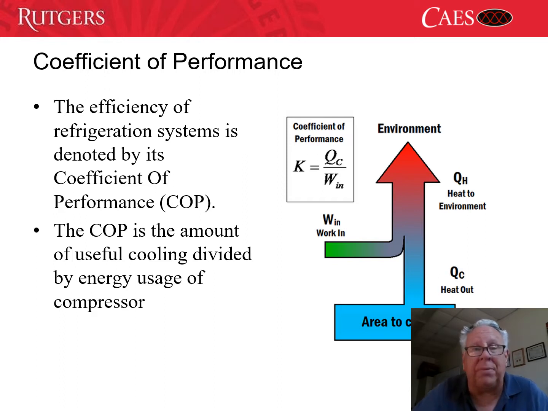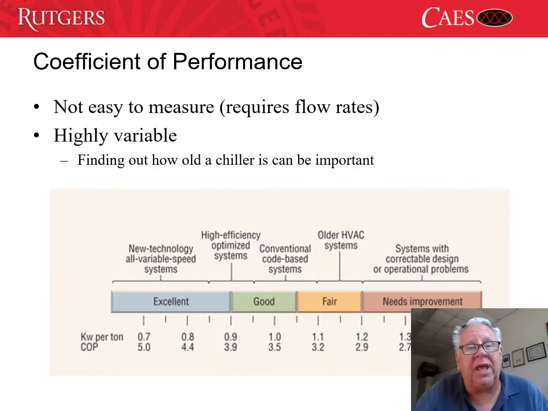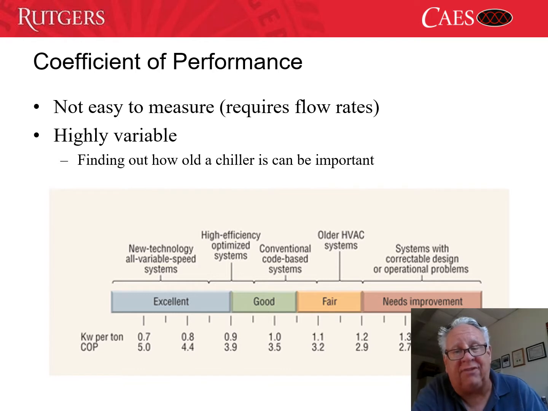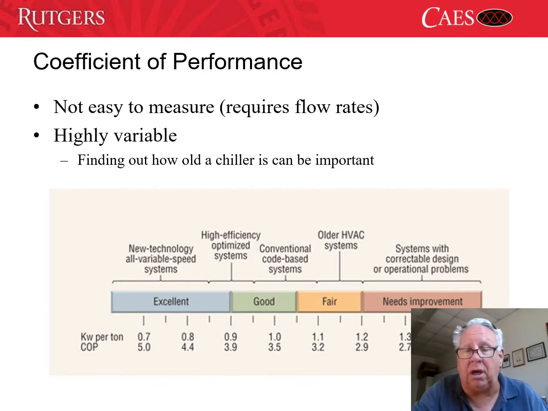So what are typical numbers here? On this slide, you can see that while it's not easy to measure because you need to have flow rates, there is a wide range of coefficients of performance of chillers in place. In this little chart, you can see that it can get as high as 5, or it can go down to something like 2.5, maybe half is good.